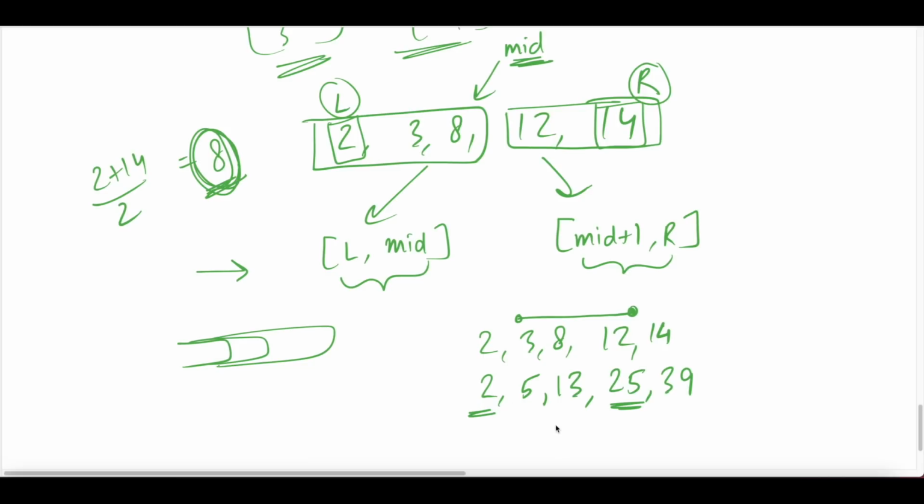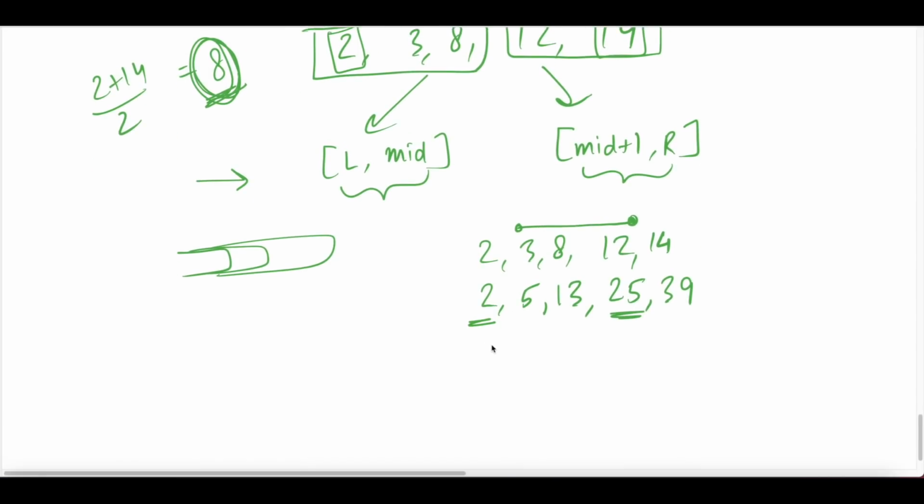Think about this: this is the sum of this to this, and 25 is the sum of this to this. So if you subtract these two, effectively this part gets cancelled out and you get the sum of this subarray in order one time. So you build this prefix array to get the subarray sum really fast in order one time.